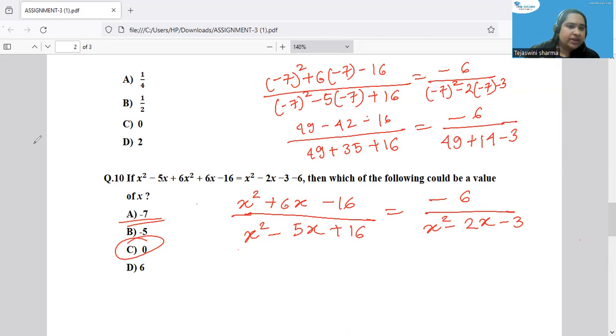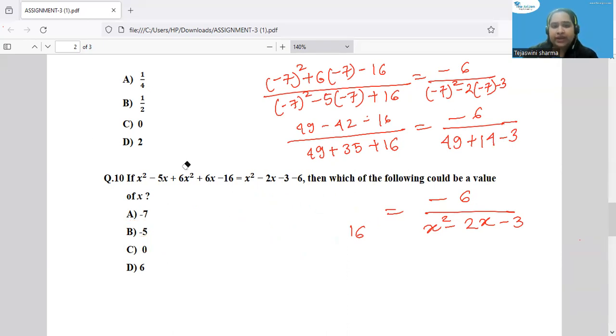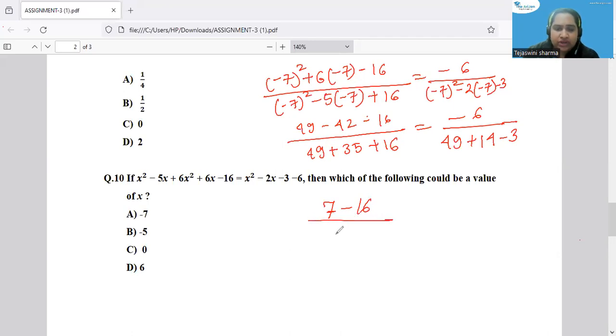On calculating it further, you will get 7 and negative 16, and 49 and 35 will give you 84 and 6. Just a second. Yeah, so it should be a positive 6 here.